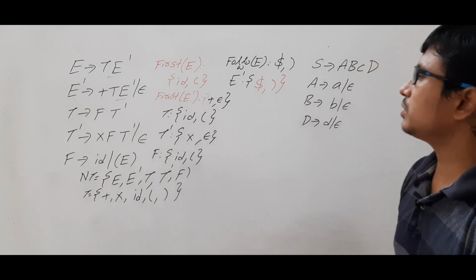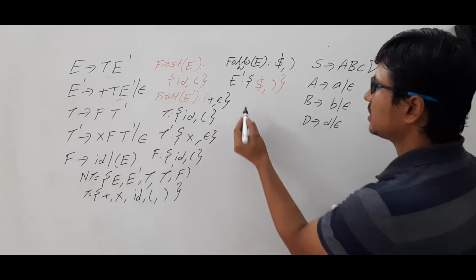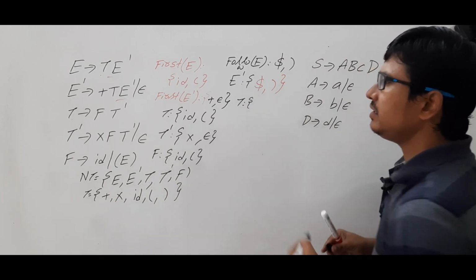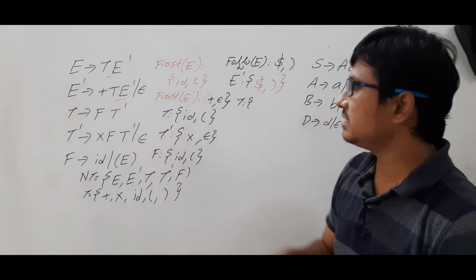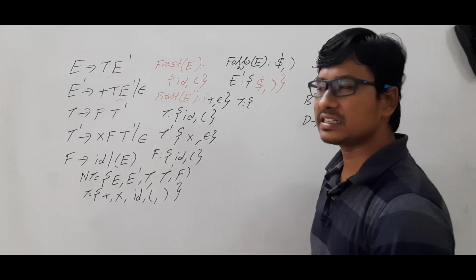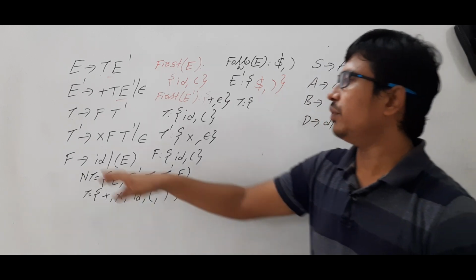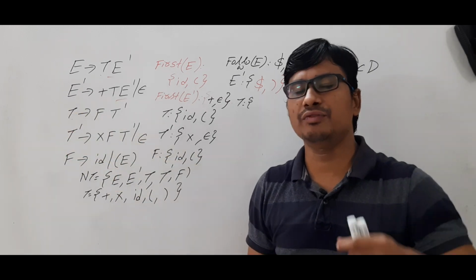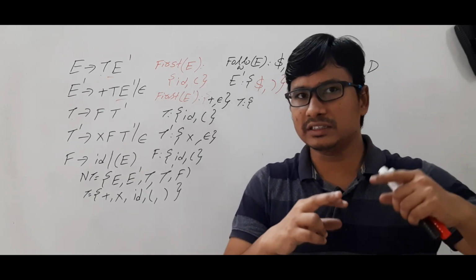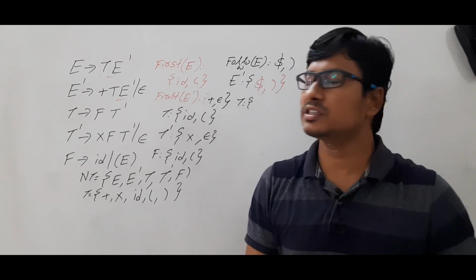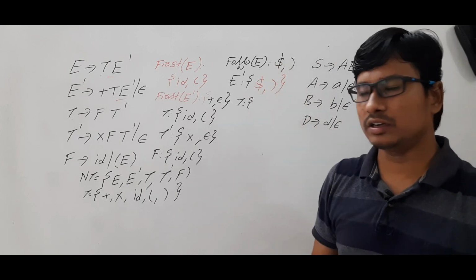Now let me compute the follow of T. You need to look at where T is there in the right hand side. Whenever you are computing the follow of any non-terminal, first you need to look at whether it is a start symbol or not. If it is a start symbol, it will consist of dollar also.